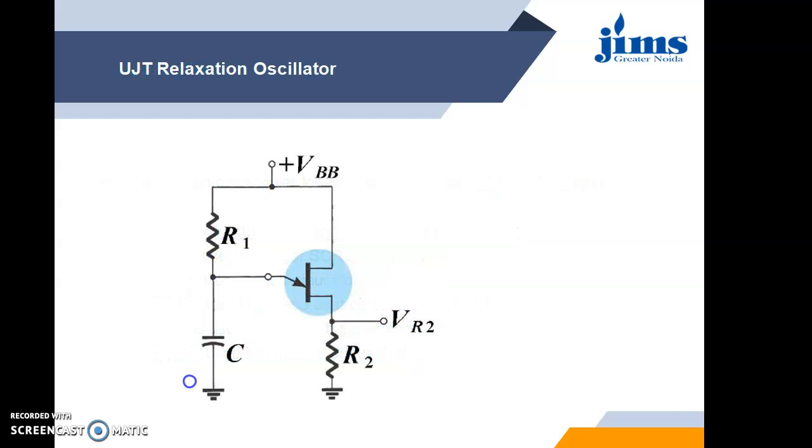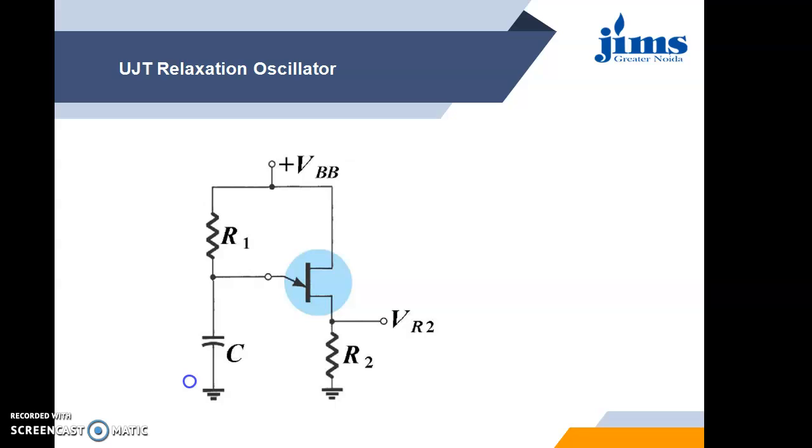As we said that it is used in sawtooth generator or oscillator design, we are going to discuss a sawtooth generator designed using a UJT, and this is called the UJT relaxation oscillator.